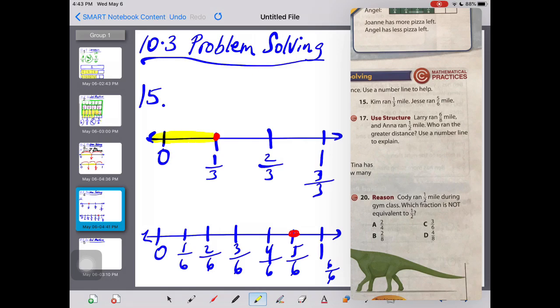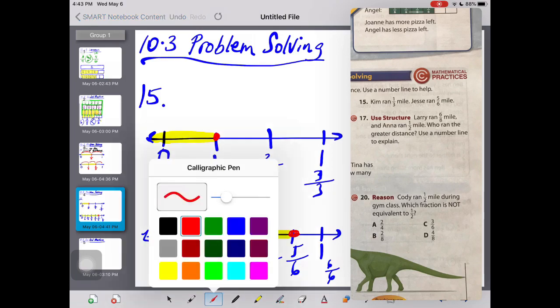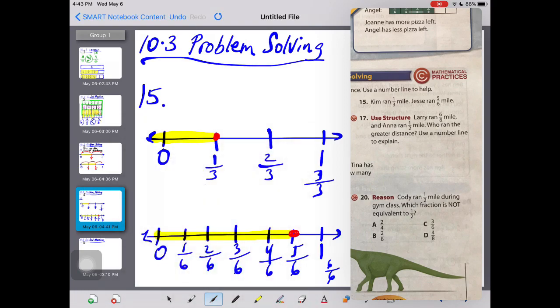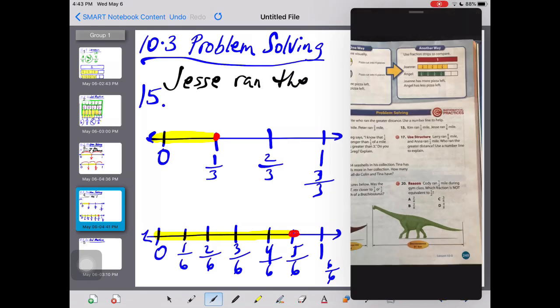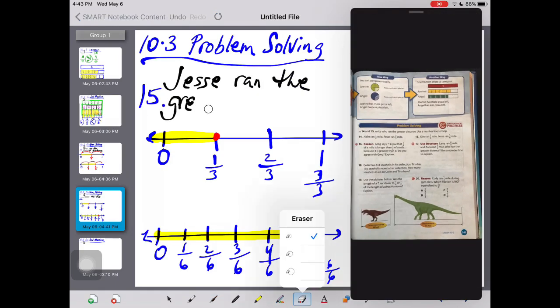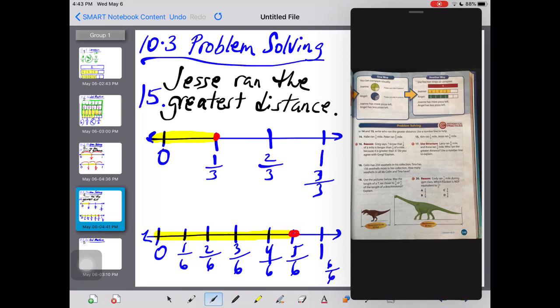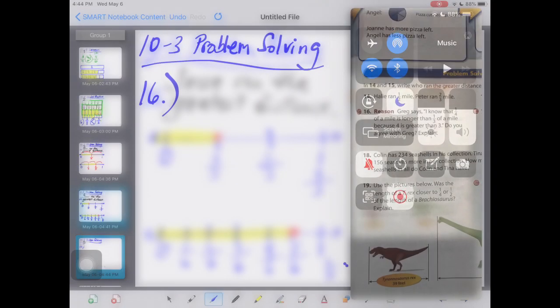So Kim 1/3, and Jesse 5/6, I think it's pretty obvious that Jesse ran the greatest distance.